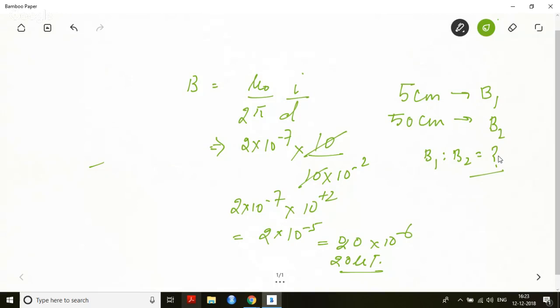Tell me the answers. The question is, there is a long straight current carrying conductor and there are 2 points. One is 5 centimeter and second one is 50 centimeter apart from it. The magnetic field at the 5 centimeter point is B1, at the 50 centimeter point is B2. You have to find out B1 is to B2. One answer which I am getting is 10 is to 1.